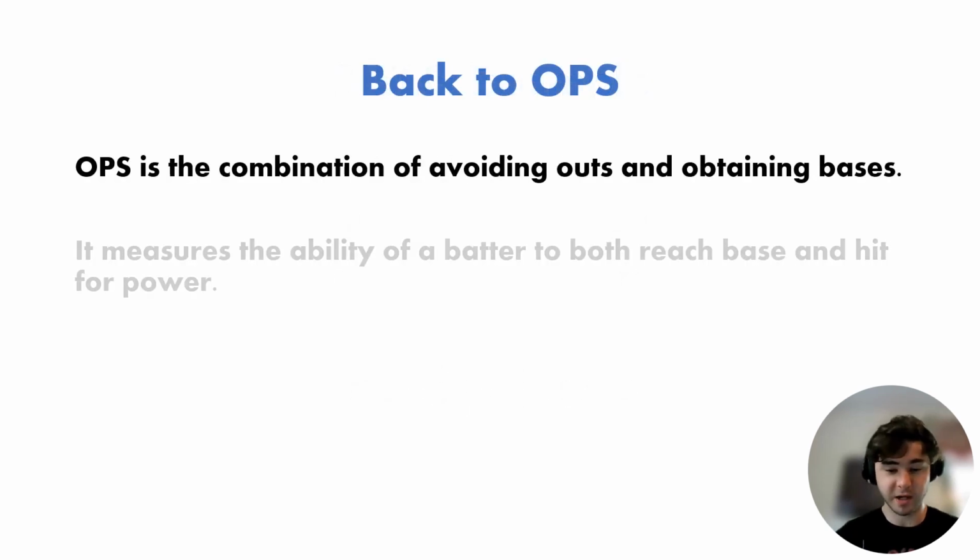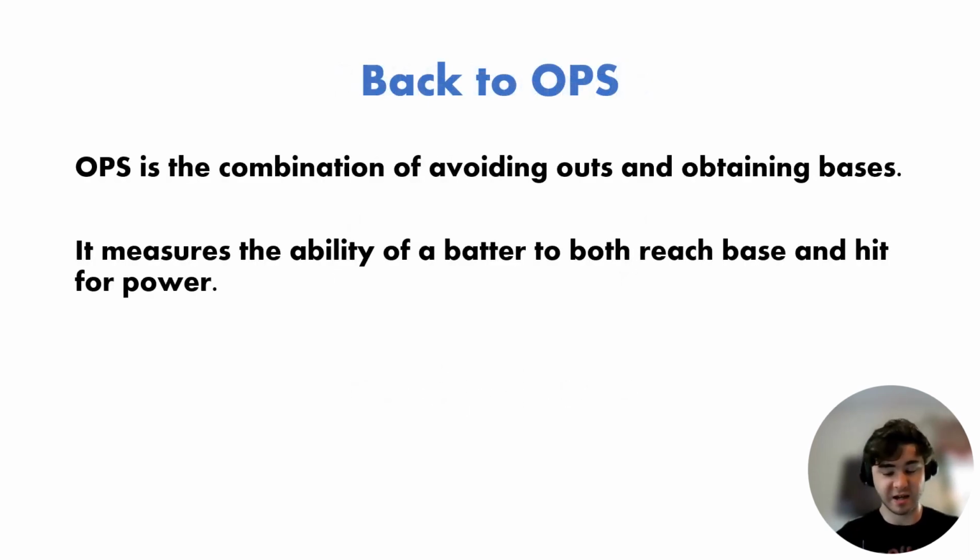So now that we know what on-base percentage and slugging percentage are, we can get back to OPS itself. OPS, now we can call a combination of avoiding outs and obtaining bases, which is very useful as a one stat for hitters.